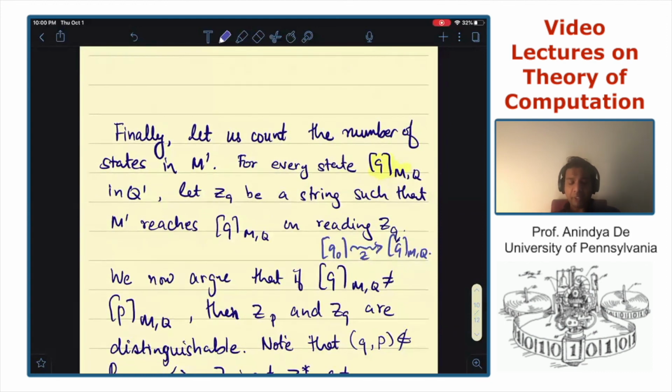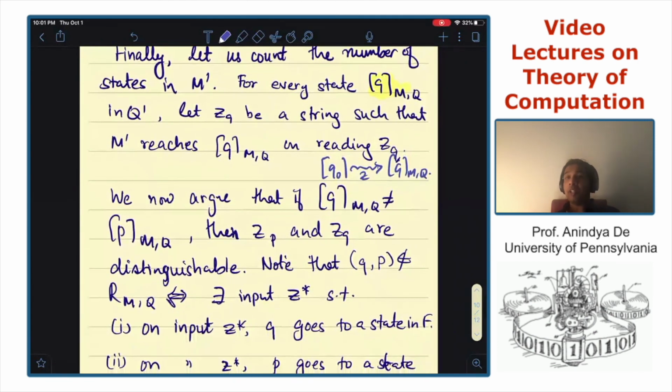So if the equivalence class of Q is reachable from the equivalence class of Q naught, then let ZQ be a string which takes the initial state of M prime to reach the state [Q]_M.